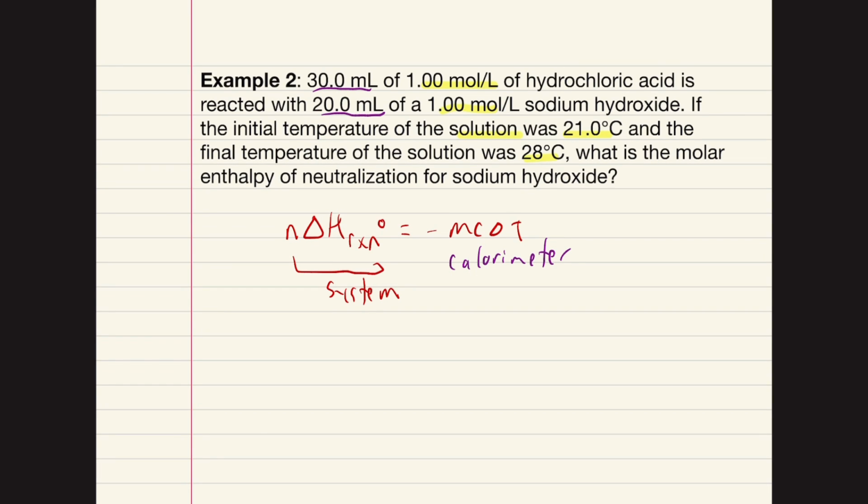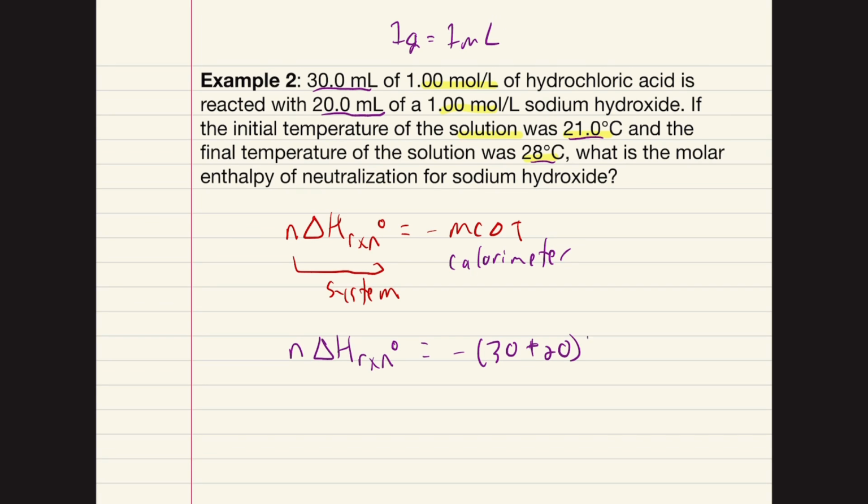So if I'm going to fill this equation out, I can see that it is exothermic, since the temperature increases of the calorimeter. And so when I fill it in, I would go 30 plus 20, since we're assuming the density of water, which means that 1 gram is equal to 1 milliliter, then the milliliters are the same as grams.